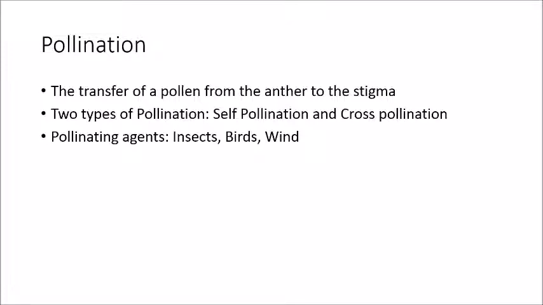And you also have different types of pollinating agents. You can have insects, which are used in insect pollination. You have wind pollination, where wind is going to cause this pollen grain to travel. Sometimes birds can also be pollinating agents, such as hummingbirds, for example, that feed on the nectar of plants.